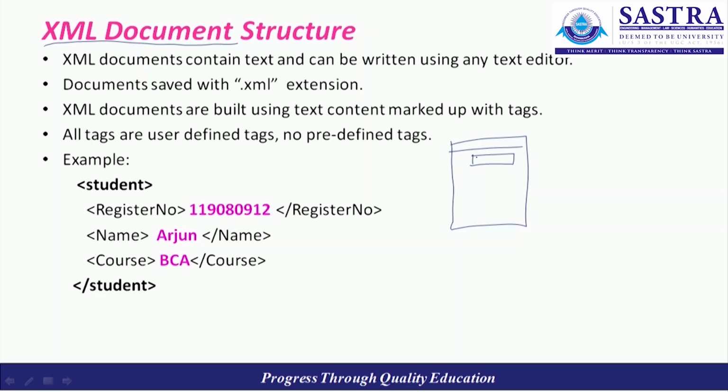A label followed by name and other components, gender, some options, radio buttons, and finally a submit button. So we specify the structure of the HTML page, how it should be displayed on a web browser. In the same way, the XML document also follows some structure, which is called the rules for making an XML document.